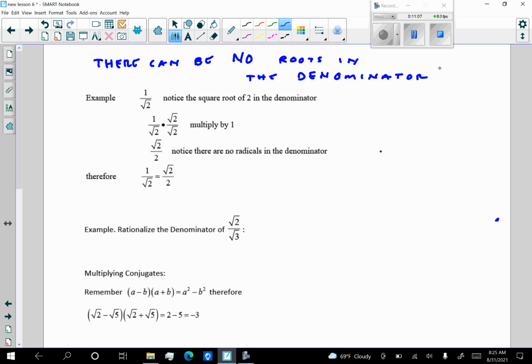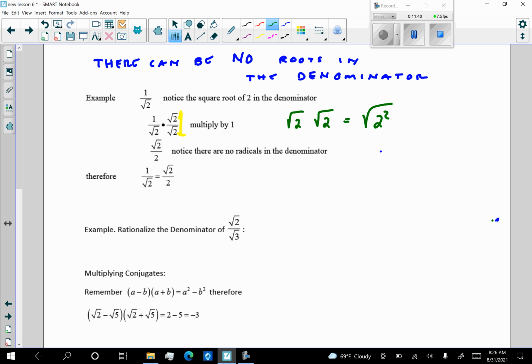If I want to get rid of that, I'm going to multiply that by the number 1. I think we have done this as well. So now I'm taking 1 over square root of 2 times square root of 2 over square root of 2. 1 times square root of 2 is square root of 2. And square root of 2 times square root of 2, because of that product property, is actually equal to the square root of 2 squared.